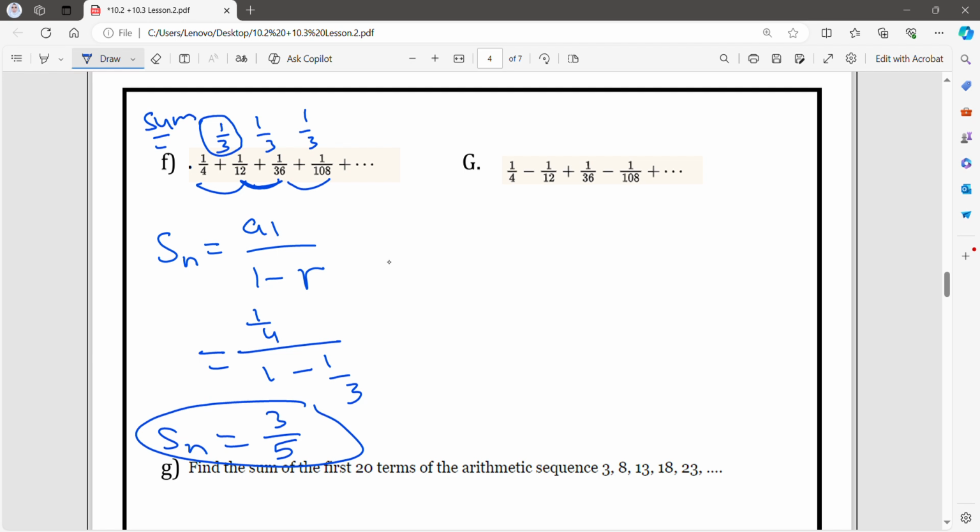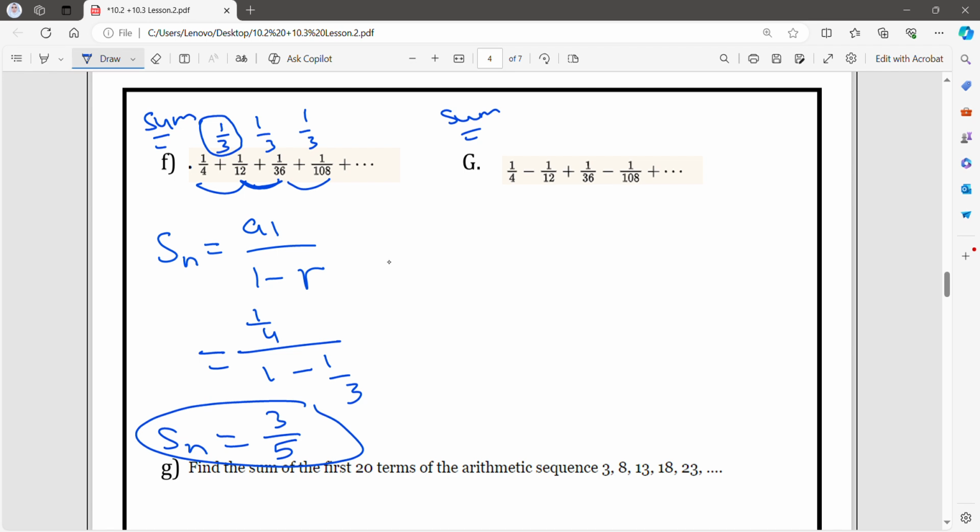Okay, now this is also geometric and infinite. Please, if they give you any sequence and say find the sum, first you have to check whether it is geometric or arithmetic. In our lesson I told you that only in geometric do we have the sum of an infinite sequence. Here we don't know the number of terms, and they did not say find the sum of how many terms.